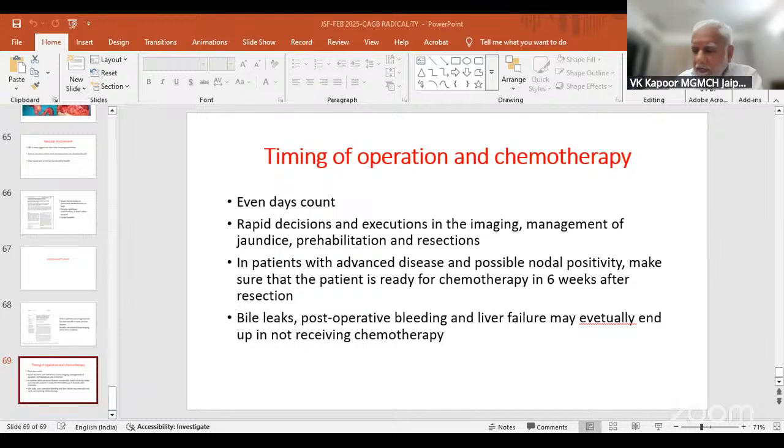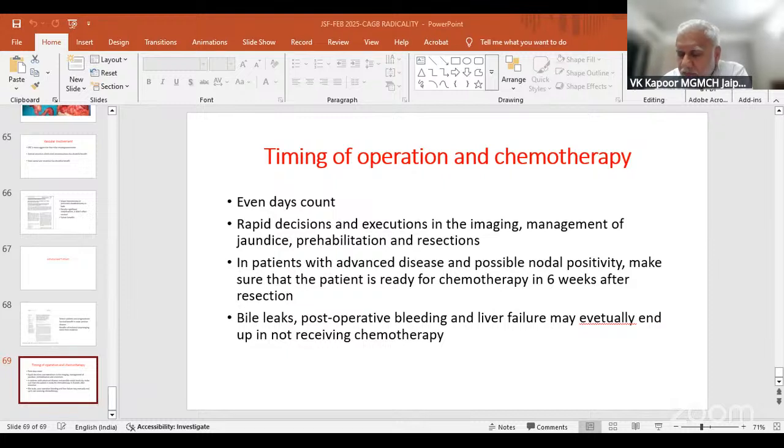No, that's fine. As I mentioned yesterday also, at SGPGI, and at least my philosophy has been a little conservative, especially with advanced gallbladder cancer. It was only during the time when Biju was with us that we did some of these major resections. Unfortunately, we have not been able to do a long-term follow-up of these patients in whom these procedures were done.